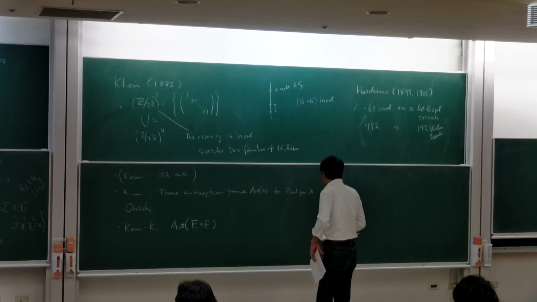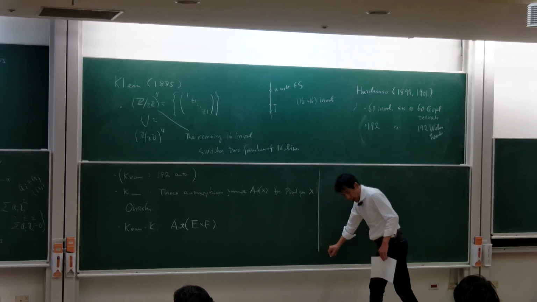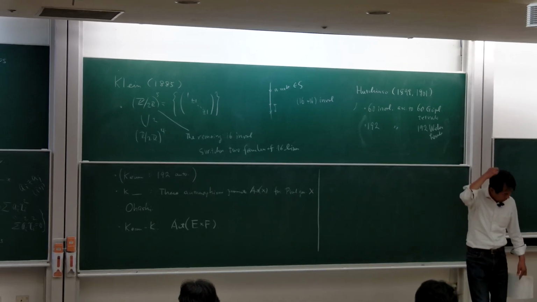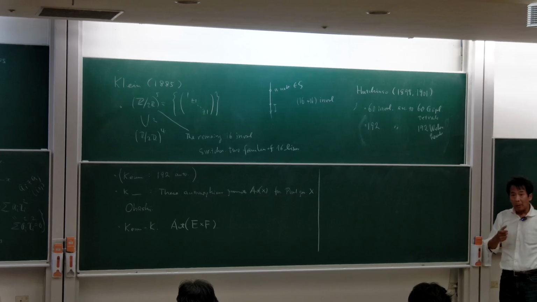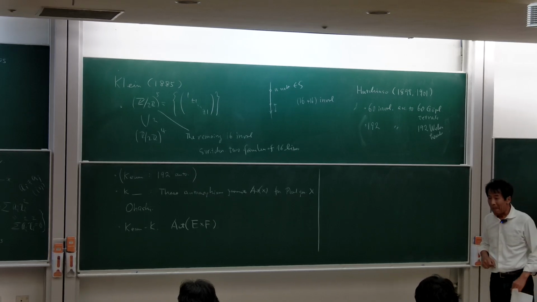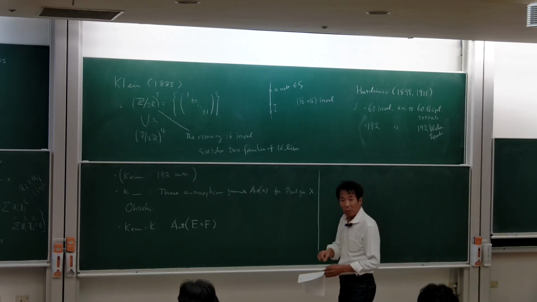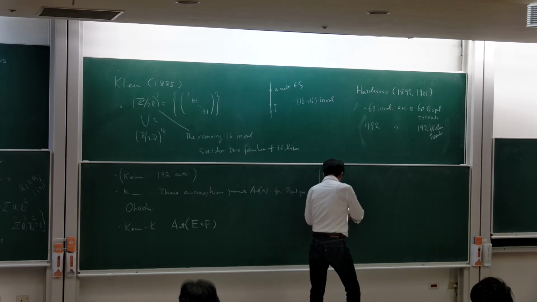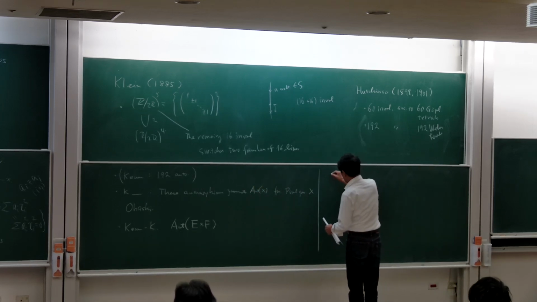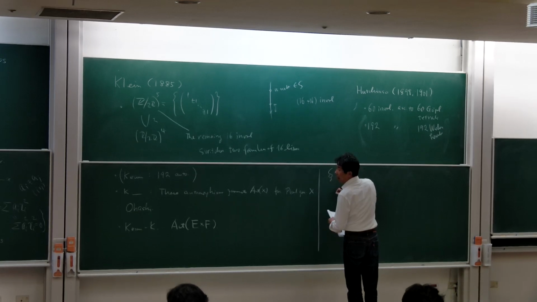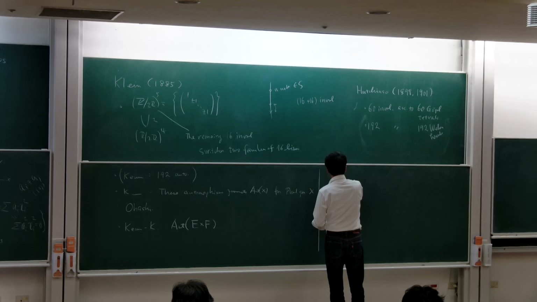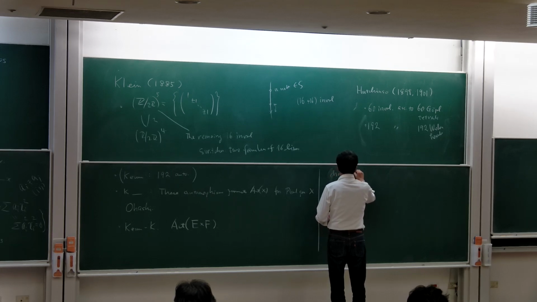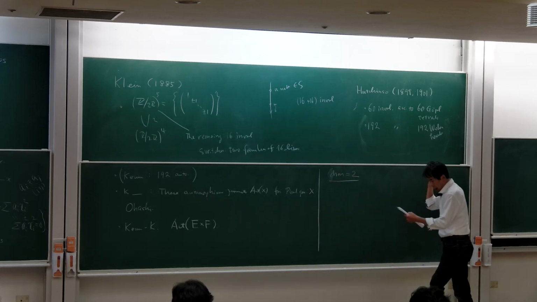But what happened? So my motivation is what happened in characteristic 2. Some of you heard my talks on Kummer in characteristic 2, maybe many times. Anyway, so the characteristic 2 case. In this case, what happened?